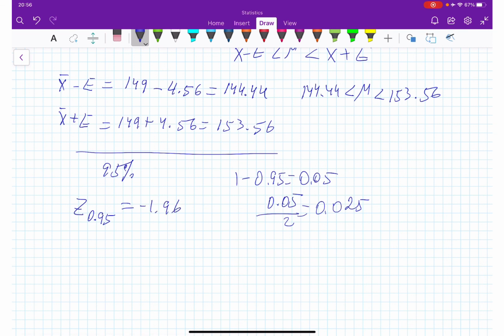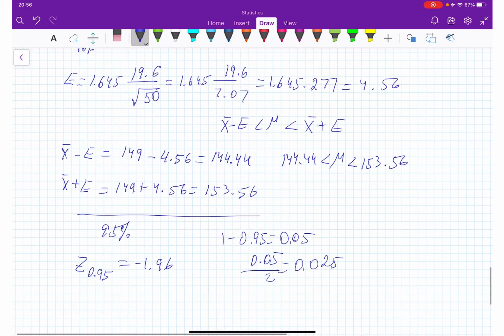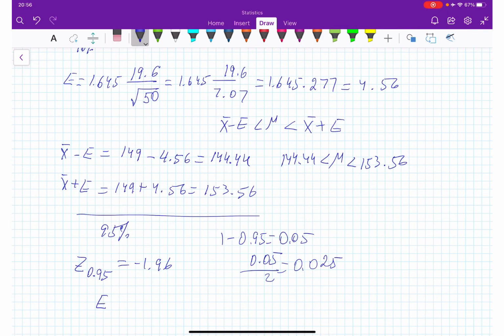So from here, margin of error is going to be 1.96 times 19.6 over square root of 50. So it's going to be the same result. We are getting 1.96 times the same 2.77.